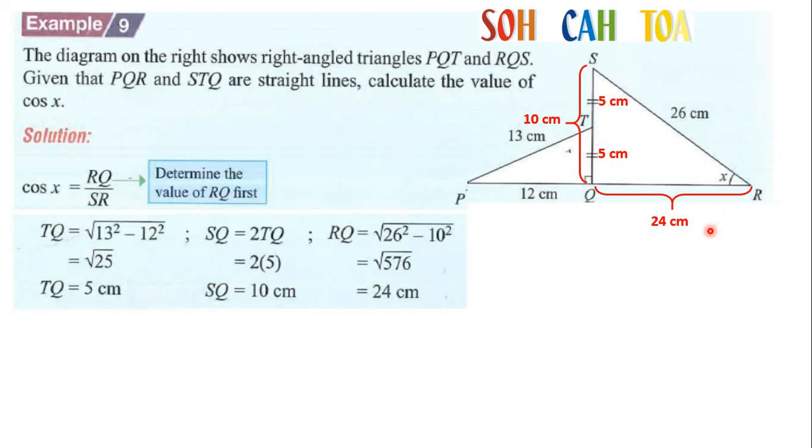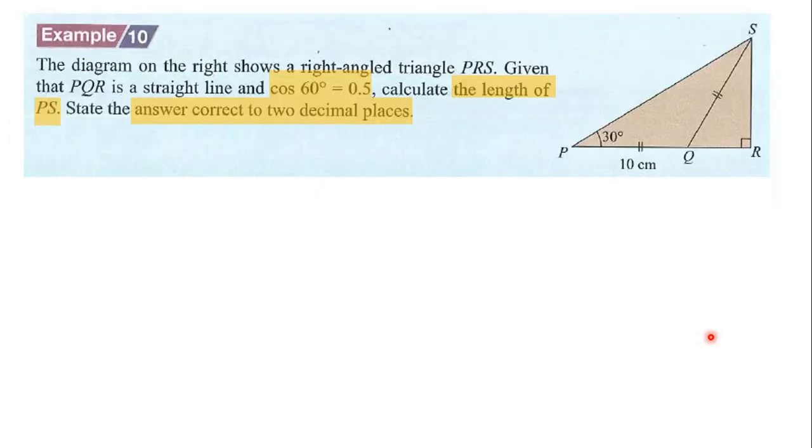Now you can find the value of cos x. Cos x is adjacent over hypotenuse. You get 24 over 26. Then you simplify into 12 over 13. Okay? Alright, another example. Today you have many examples.